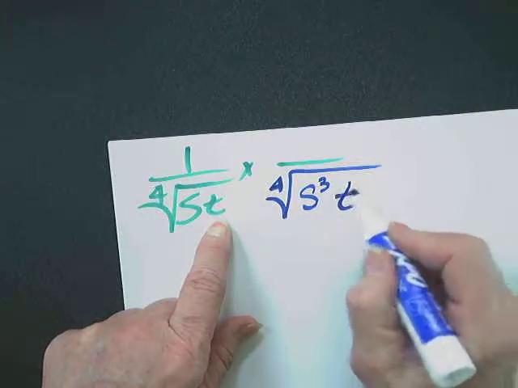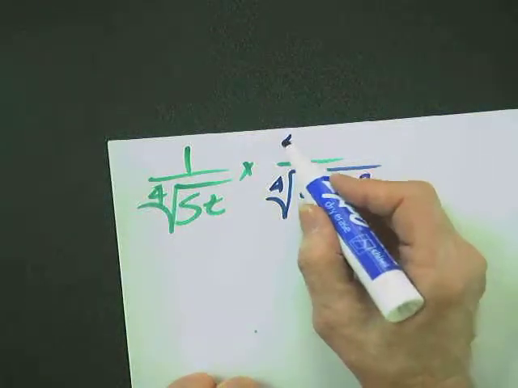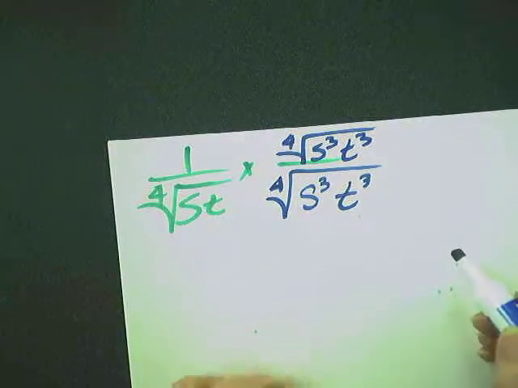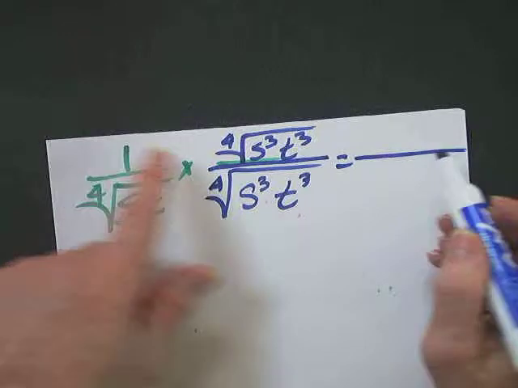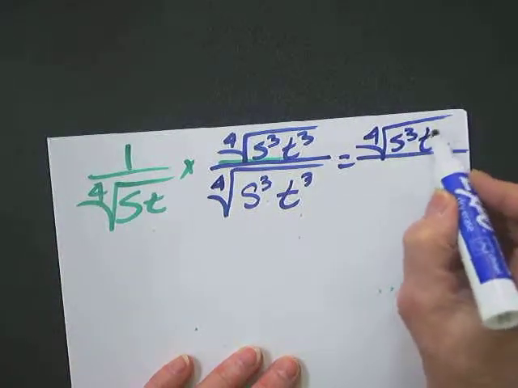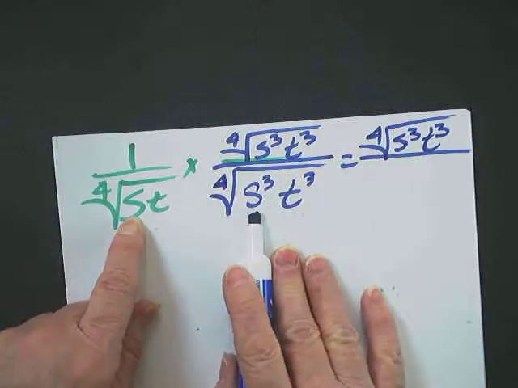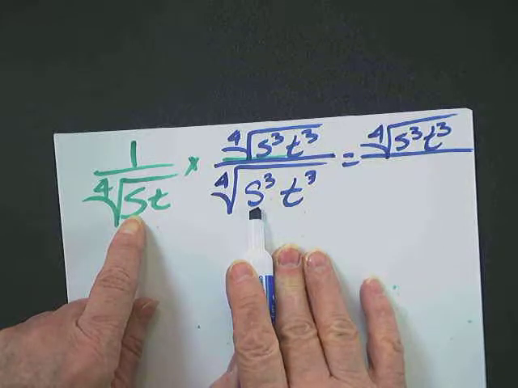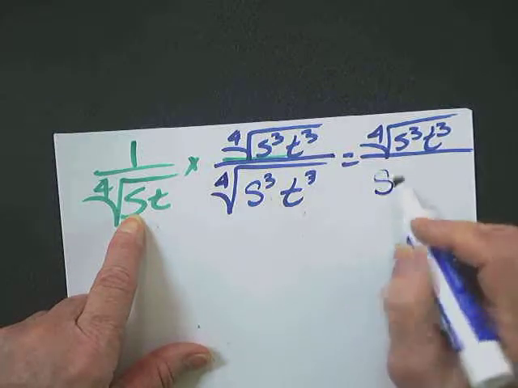1 over 4th root of st. This one should go pretty fast. What are we going to multiply to make it where they're all 4th powers that will come out? The s we're needing 3 more, and the t we're needing 3 more. We have 1, we need 3 more, right? So the top 4th root of s to the 3rd, t to the 3rd.